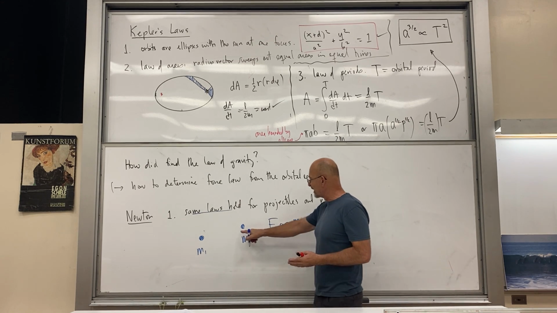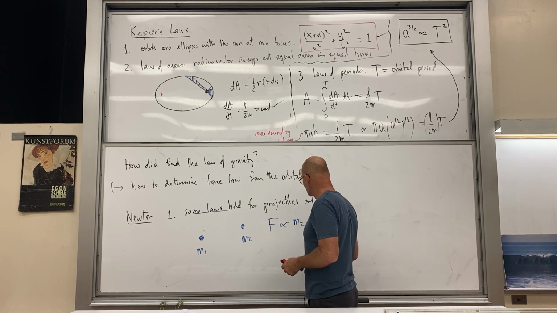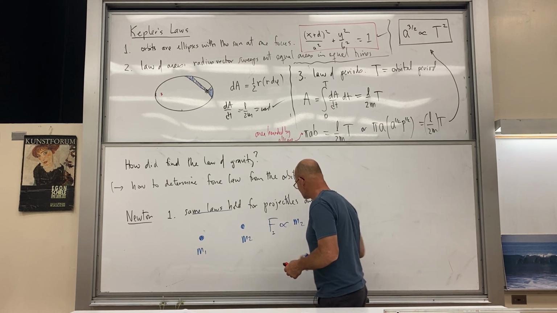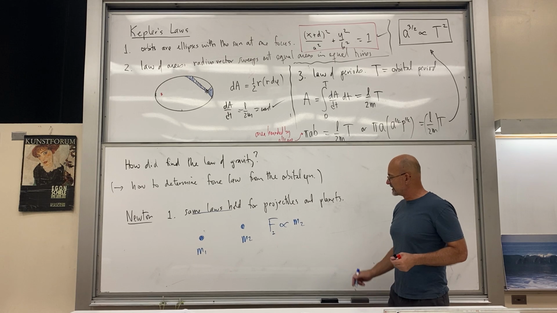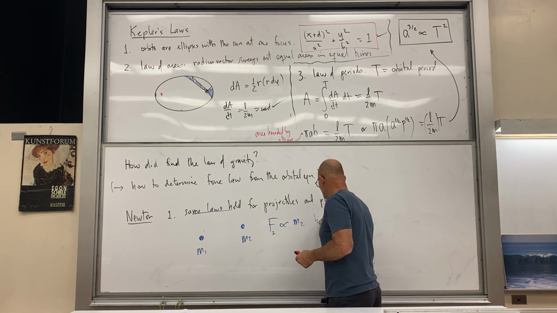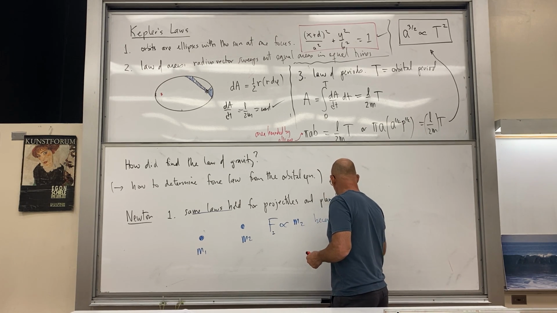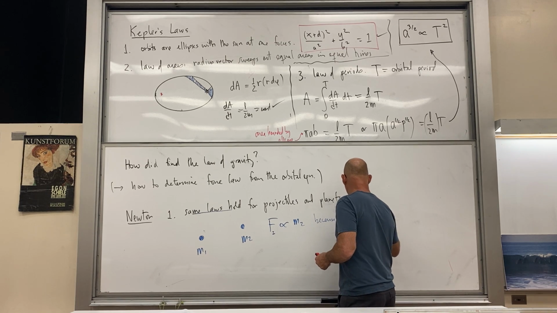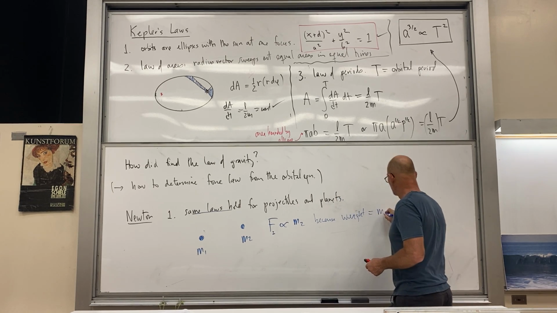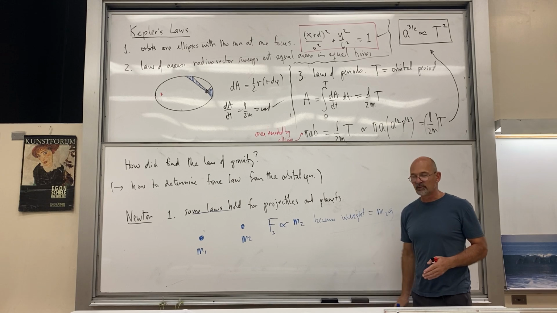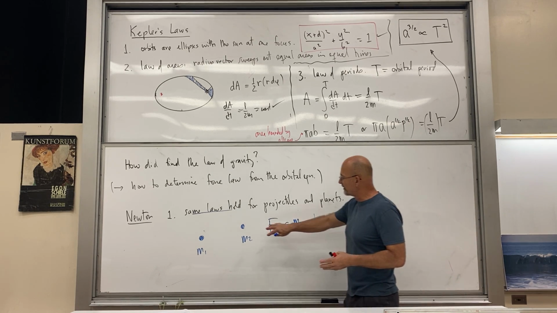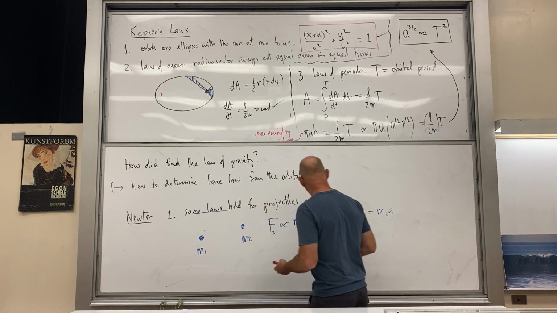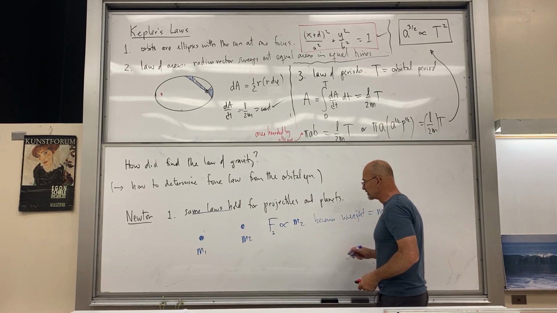So the force on M2 has to be proportional to M2 because, you know, weight equals M2 g if you're on the Earth, right? The weight of an object is mass times g. So in terms of M2 being a projectile, the force has to be proportional to M2.